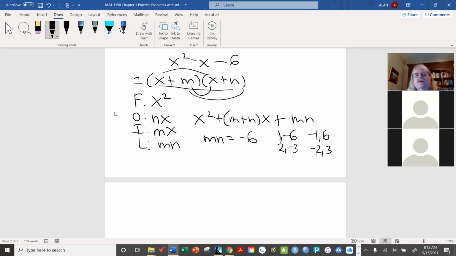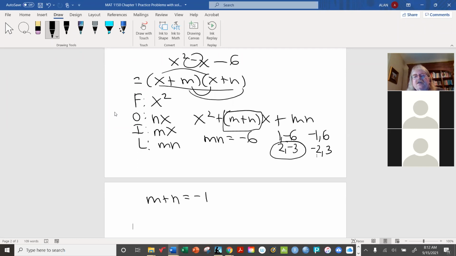But we note also that m plus n has to equal negative 1. So basically we're looking for a pair of numbers whose product is negative 6, but whose sum is negative 1. If you look at all the products, there's only one case in which their sum is negative 1, and that would be this one.